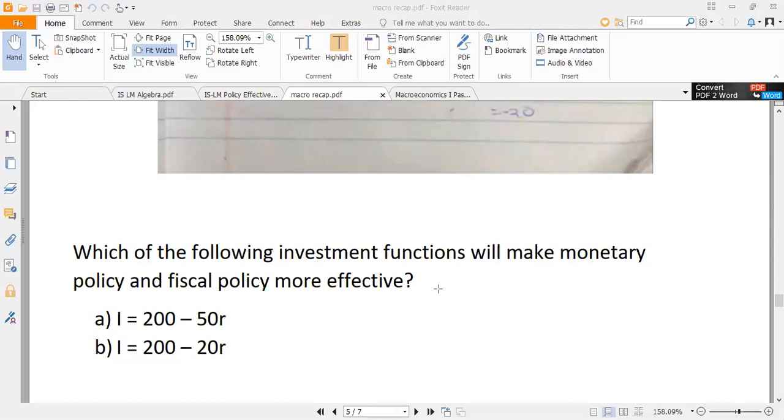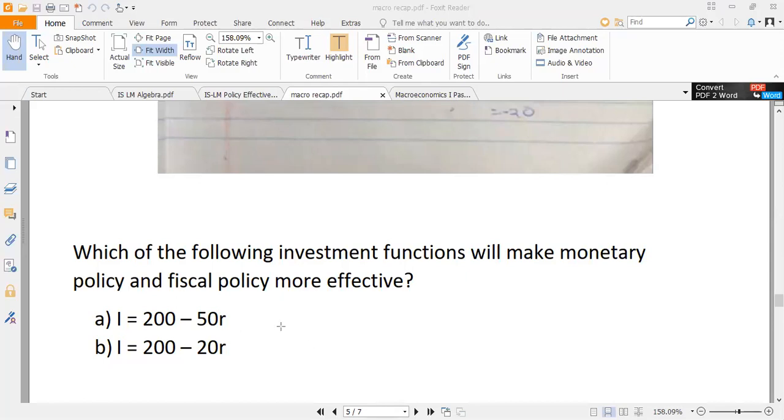Yes, please. With the effectiveness of the monetary policy, could you please go over again? Oh, all right. What I'm saying is that we increase money supply because we want interest rate to fall so that we'll have an increase in investment, which will cause an increase in income. So now the increase in income solely depends on the increase in investment, and increase in investment will depend on how sensitive investment is to interest rate.